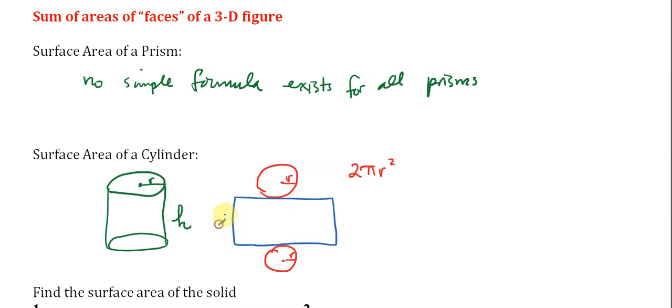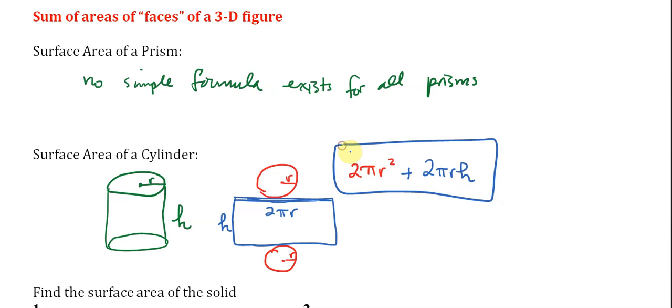Remember, this length here is h, and this length here is the circumference of the circle, 2 pi r. So the area of the rectangle is 2 pi r multiplied by h. Now we have a pretty nice formula for the surface area of a cylinder: 2 pi r squared plus 2 pi r h.